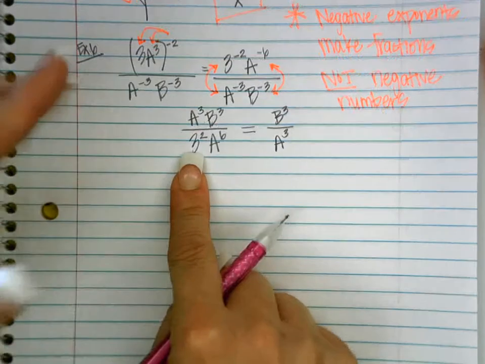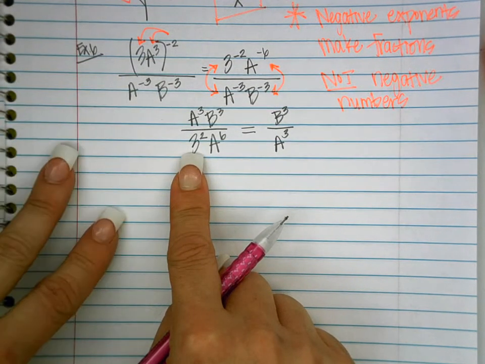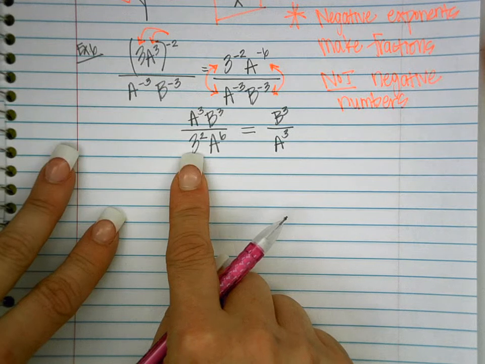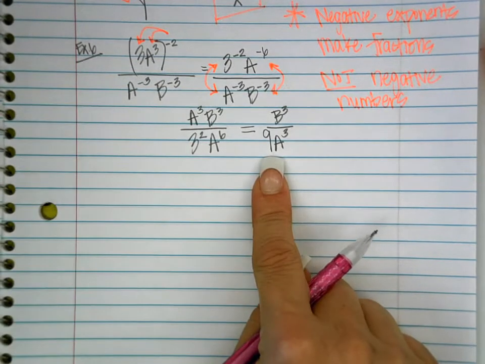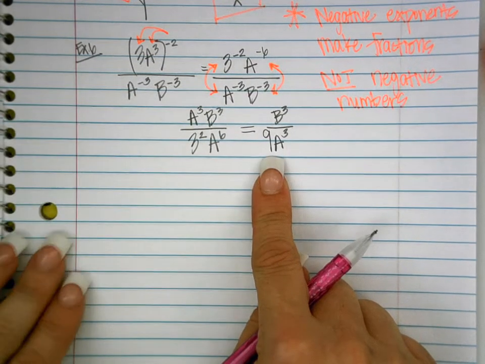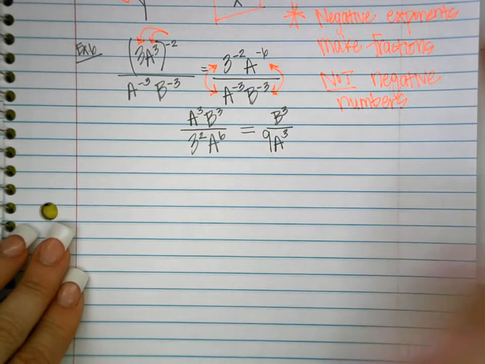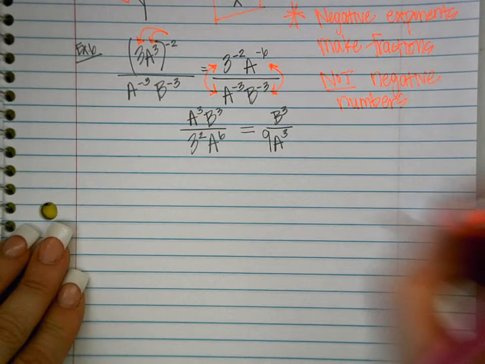Can you simplify 3 squared? I hope so. What is 3 squared? 9. It's not 6, not 3 times 2, but 3 times 3 is 9. So if it's something like just to the 2nd power, you should definitely be able to simplify that. Okay, you don't need to leave that with exponent form, and that's your answer. Okay, so b cubed over 9a cubed.